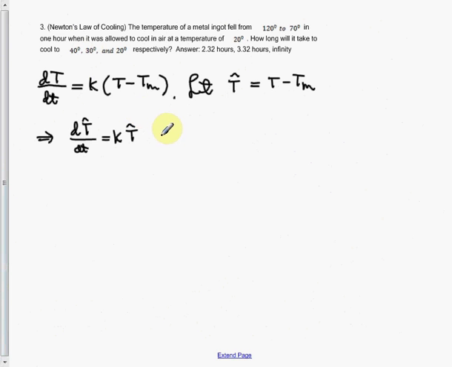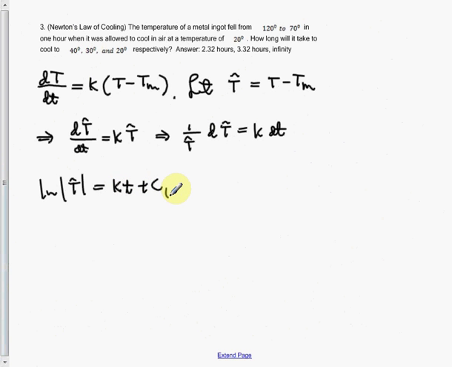You separate the variables there, just like we did before. This becomes 1 over T hat times dT hat is equal to k times dt. We've had that form before. Integrating both sides, this is the natural log of the absolute value of T hat is equal to kt plus c sub 1. The same form from the previous two problems, right?